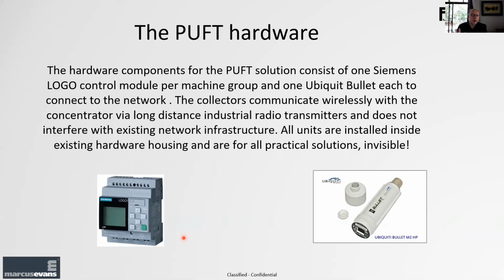It's not allowed to touch any of the signals on the line, or any of the ladder logic, or any of the PLC logic. That stays secure, untouched by PUF.